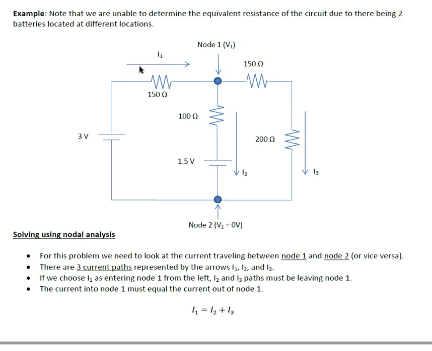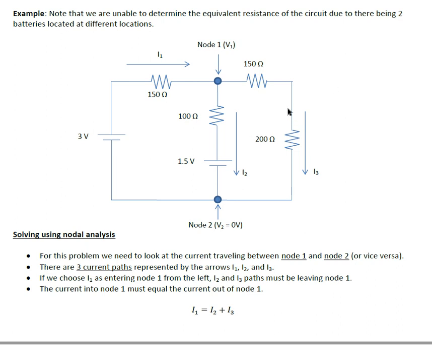I'm going to say current in this path is going clockwise, and it's going to go down against this 1.5 volt battery, and it's going to go down through the I3. If all your values for current come out positive, it means we guessed the correct direction.